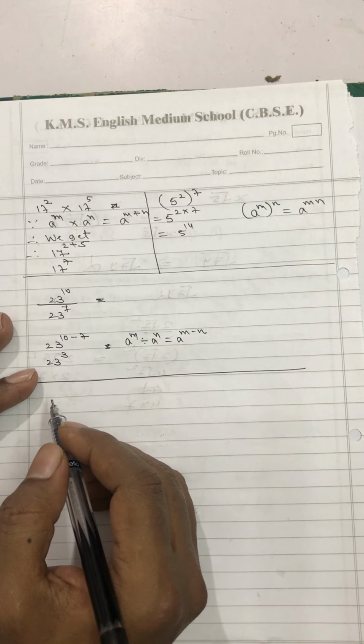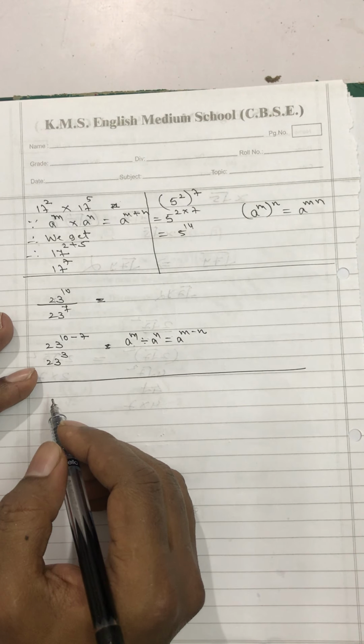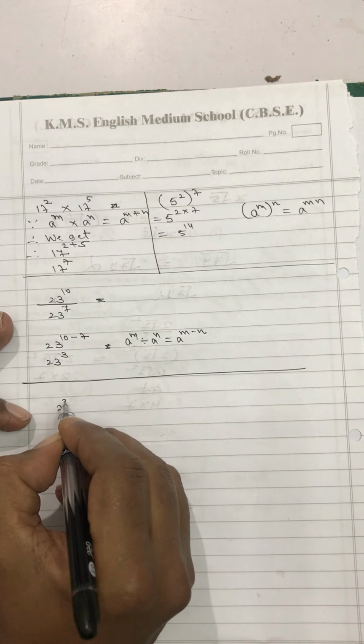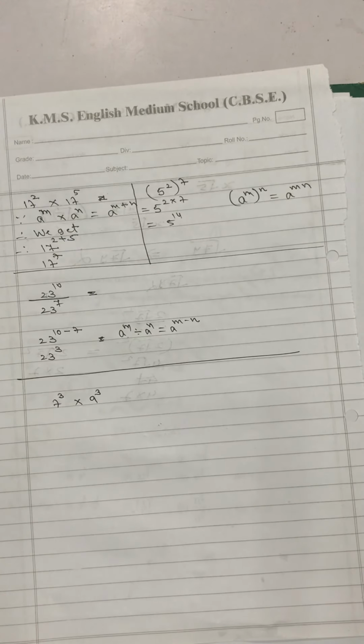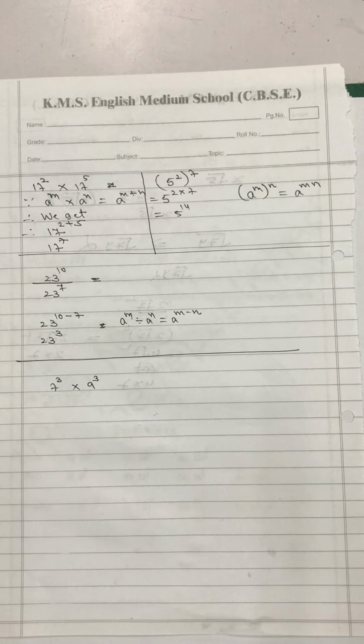Now see here. Now this is 7 cube into 9 cube. Now have a look at this, student. What will you do over here? How will you solve this? See, basically these are unequal bases, so you can't apply the rule of a raised to the power of m into a raised to the power of n.